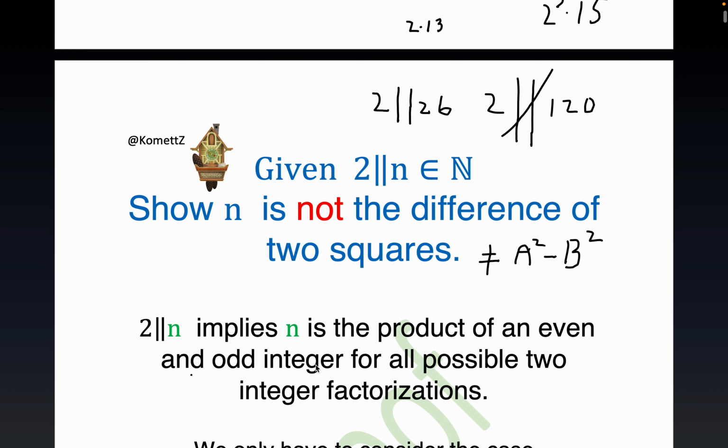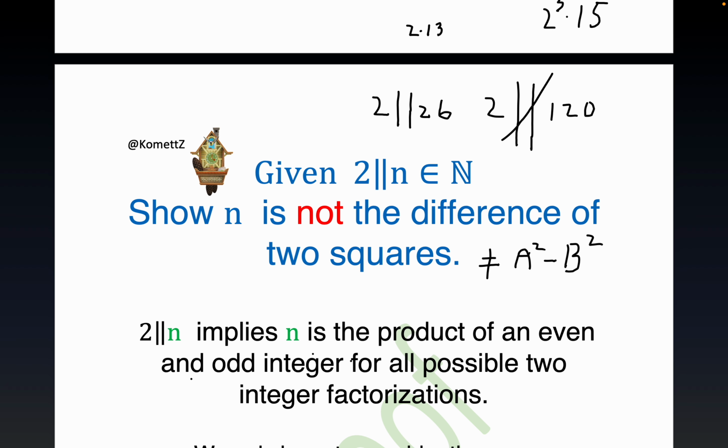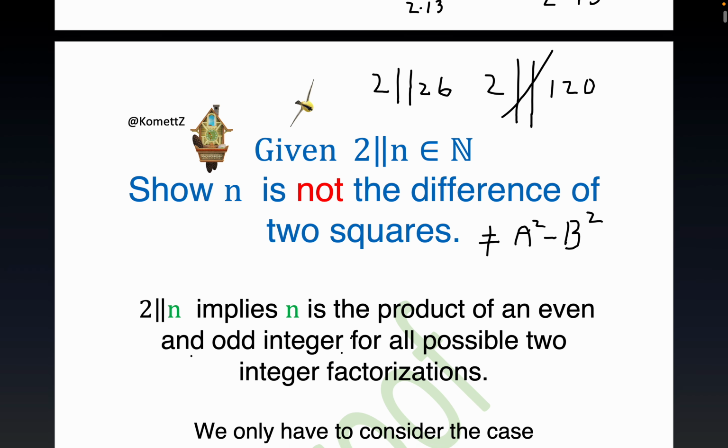Don't make me prove that, because it means that 2 would have to go with one of the factors, and the other factor would necessarily be odd. 2 is the only even divisor. So 2 would have to pair up with one of the factors to give you an even number, and everything that's left has to be odd. That's just the wave-your-hands proof of this statement.